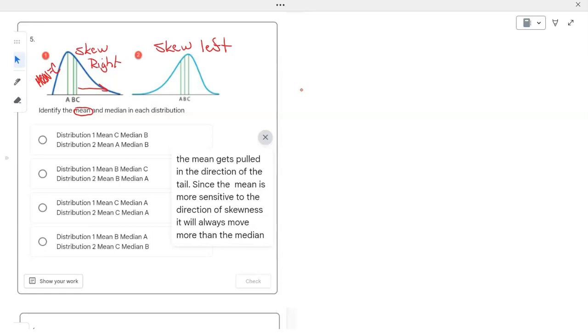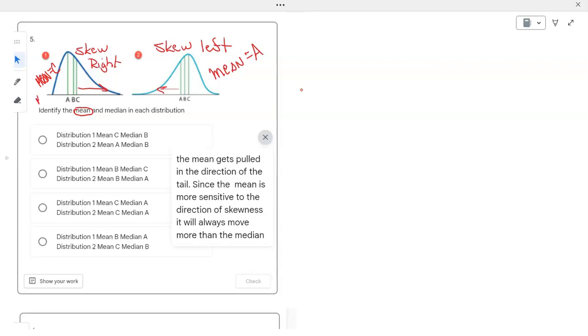And in this one, the one closest to the tail is going to be A. All right, the next line over then is automatically going to be our median. So the median got moved, but it doesn't move as far as the mean did.